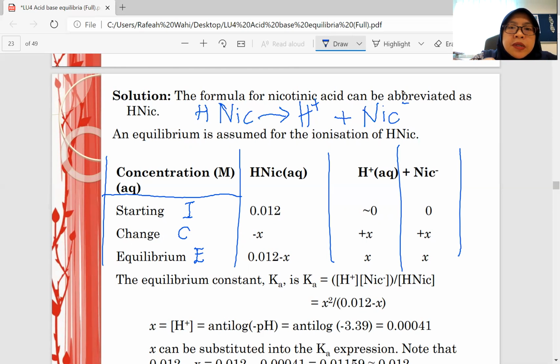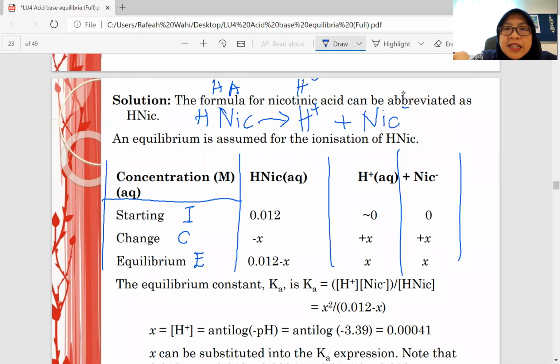If you remember, HNIC here is the HA, the initial acid. H plus is the H plus, and NIC negative here is the A negative, which is the conjugate base.